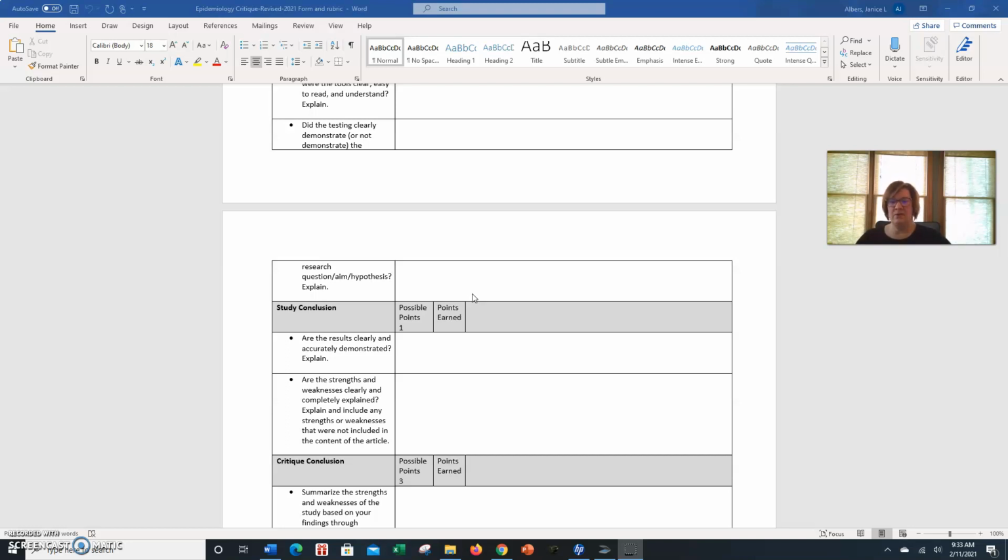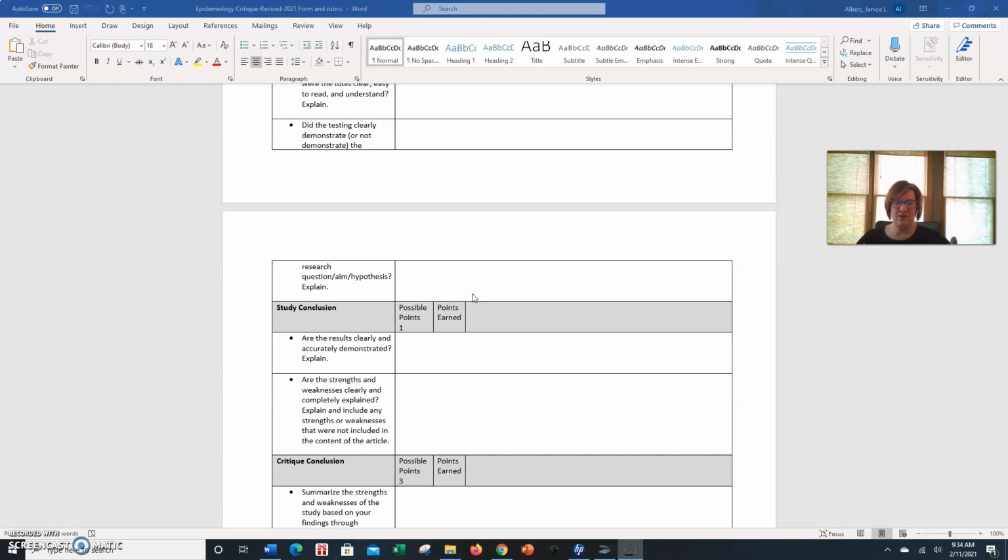And did the authors try to guide or discern the data in a way that supports their question, aim, and hypothesis, when the data maybe didn't really indicate so?